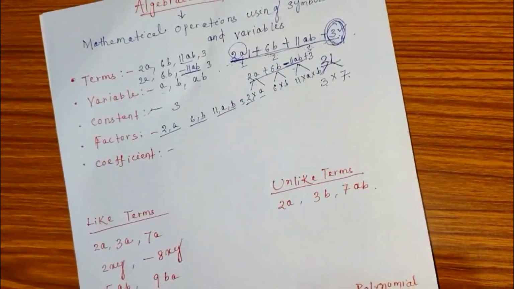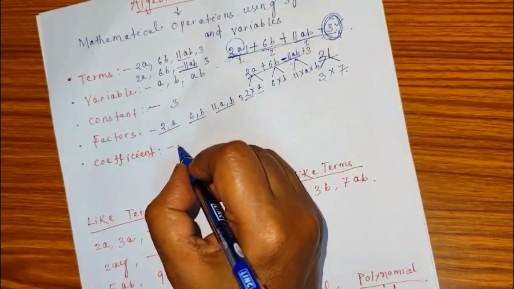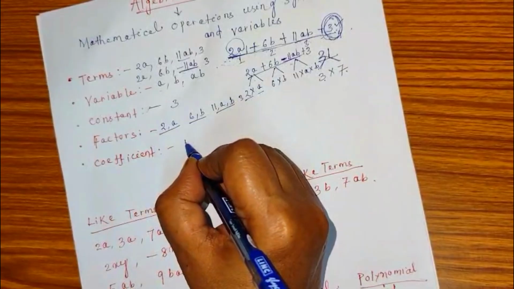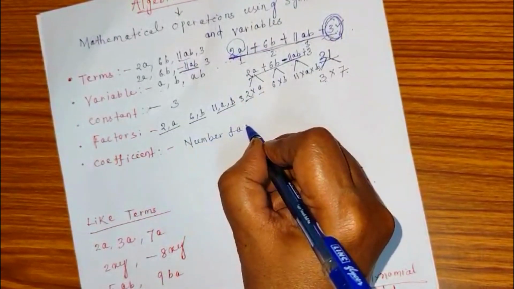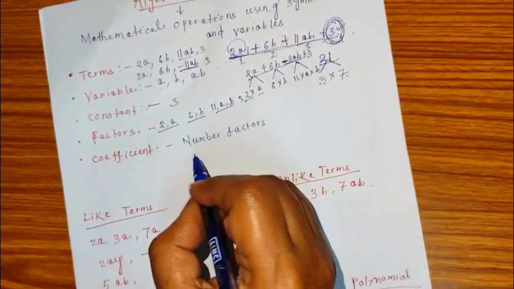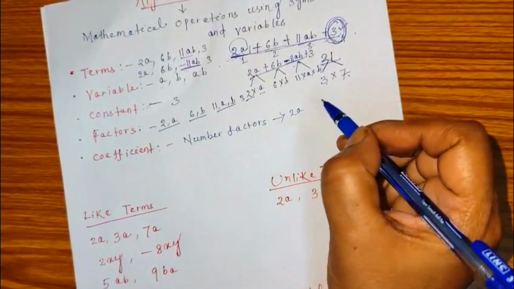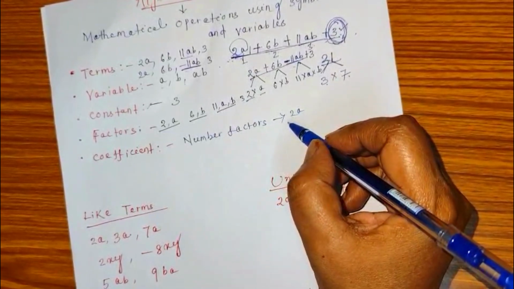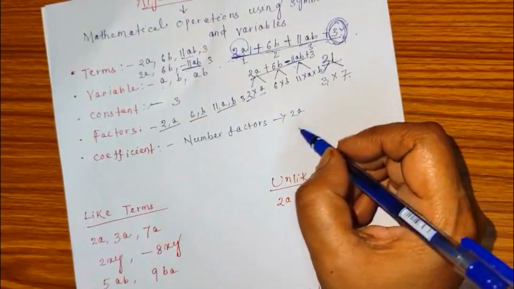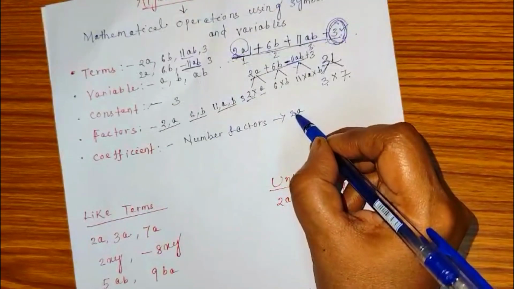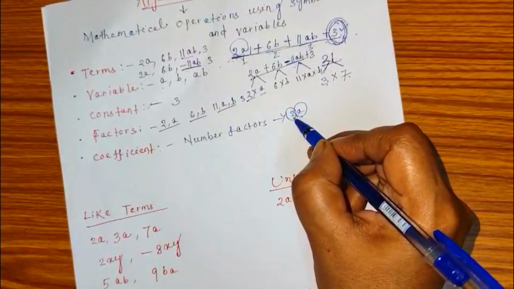Next thing is coefficient. In coefficient you have to understand 2 things. First, it is nothing but your number factor. For example, if you take 2a and they ask you the coefficient of a, the numerical value will be the coefficient.